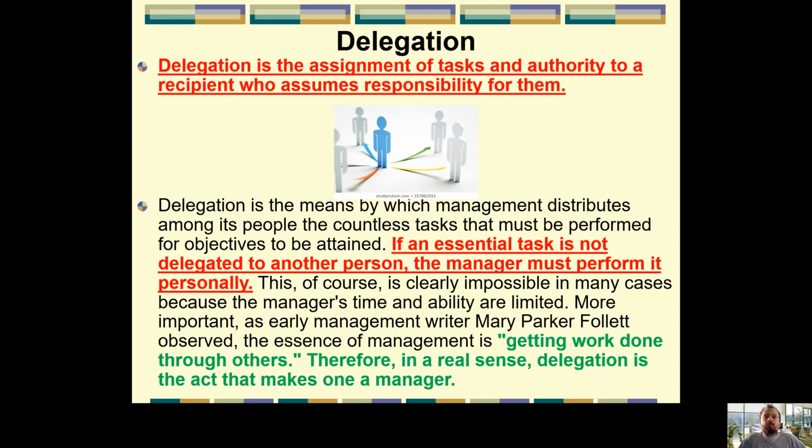Okay, let's begin with terms. Delegation. Delegation is the assignment of task and authority to a recipient, a subordinate, who assumes responsibility for them. So, in other words, you as a manager have to say, okay, you should do this.